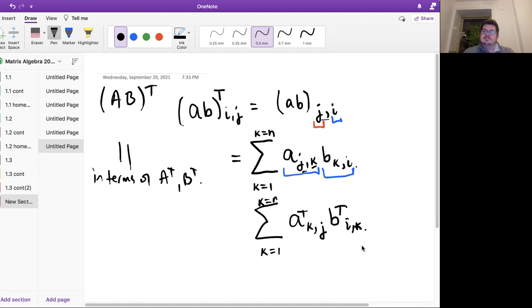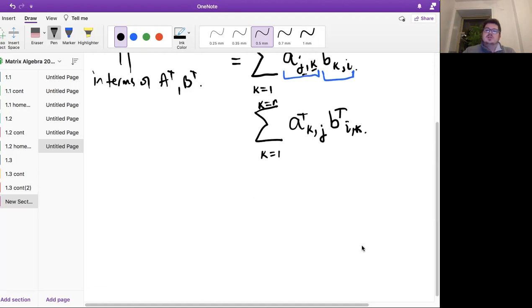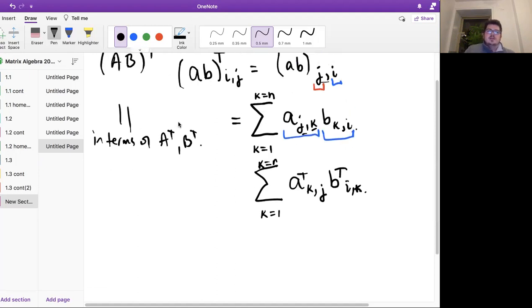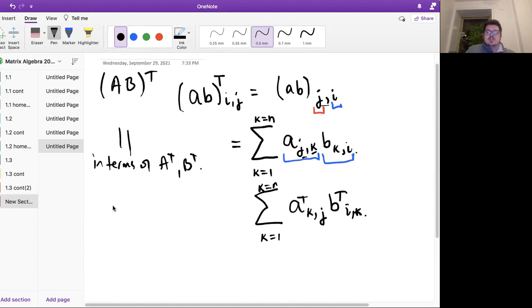Is that okay? So you tell me, does that mean that this is equal to A transpose B transpose? Look at the definition, look at the formula or the expression here. Is this precisely A transpose times B transpose? No, it's not. What do you think you could do to make this a formula for the matrix multiplication of something?